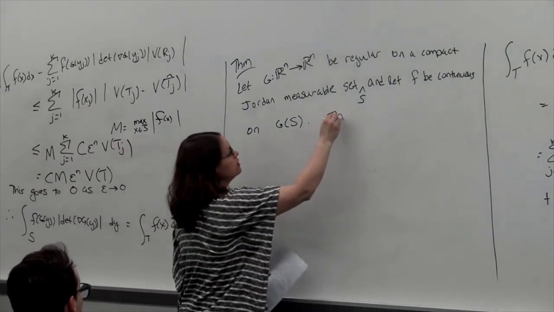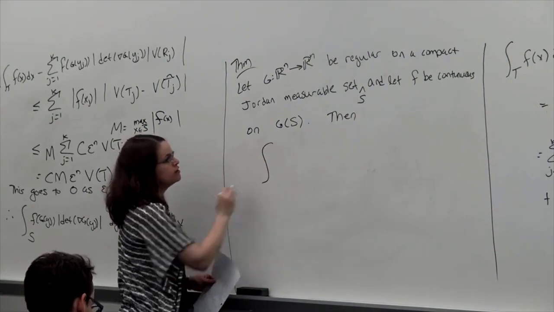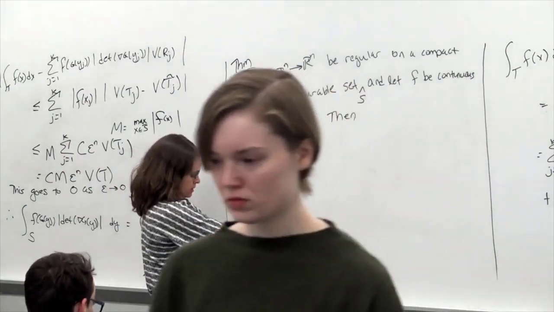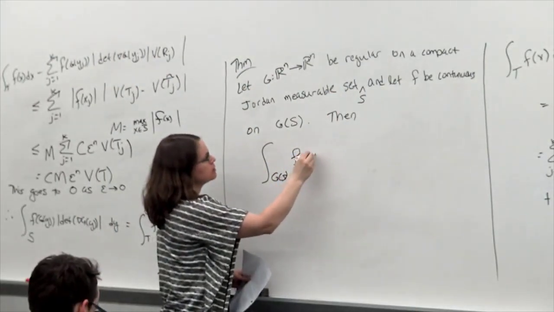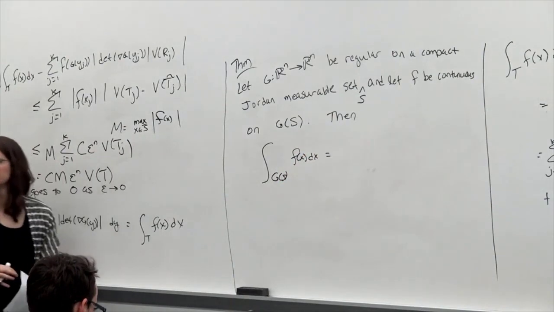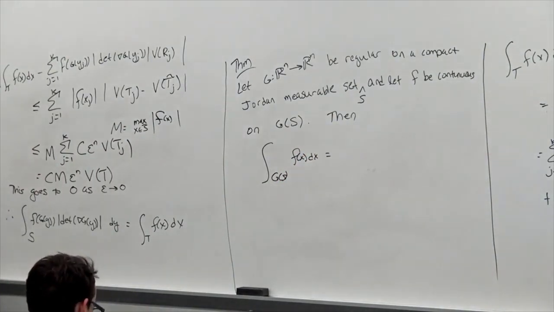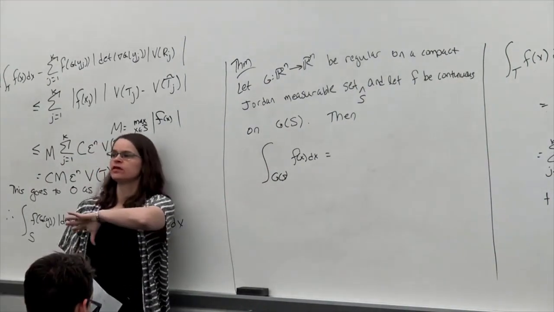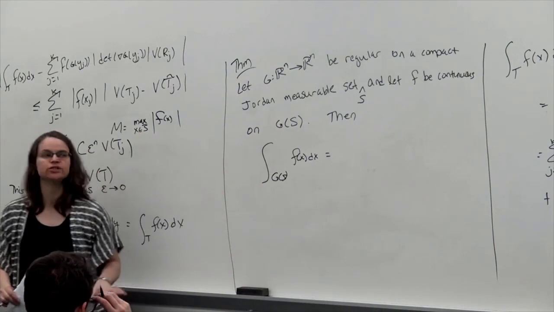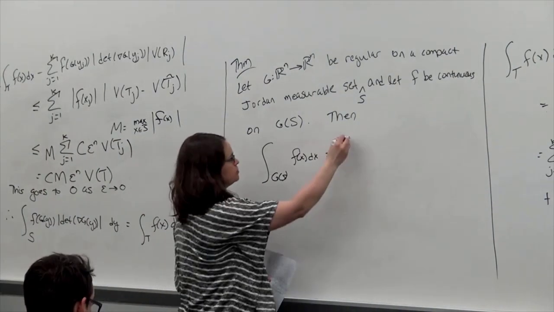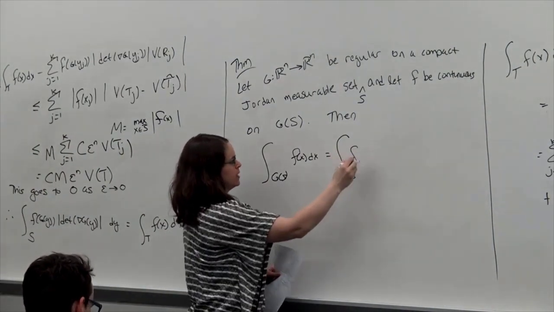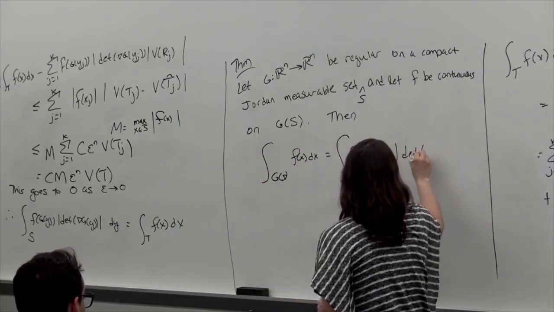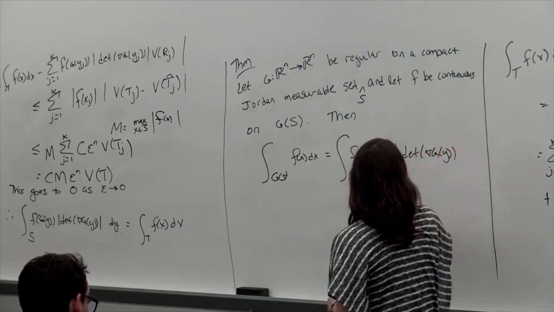Then it's completely equivalent that integrating over the set G of S, which we called T before, but T was precisely the image of S under this transformation G, is the same as integrating F of G of Y times the determinant of the Jacobian of G of Y in absolute value.